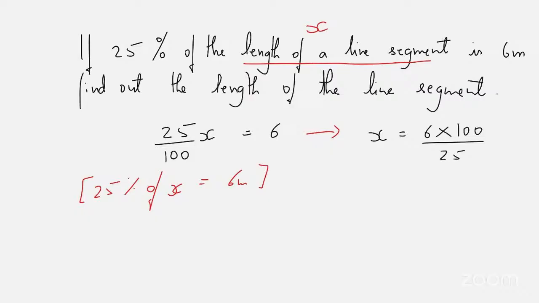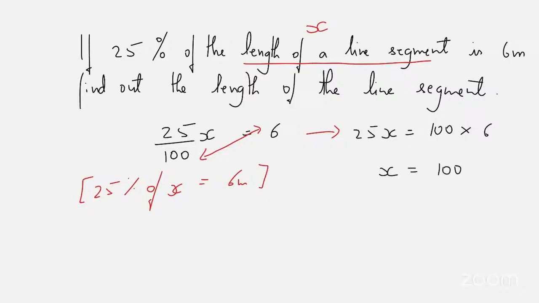Or in a more easy manner, cross multiplication between 100 and 6. So 25x is equals to 100 into 6. X is equals to 100 into 6 upon 25.